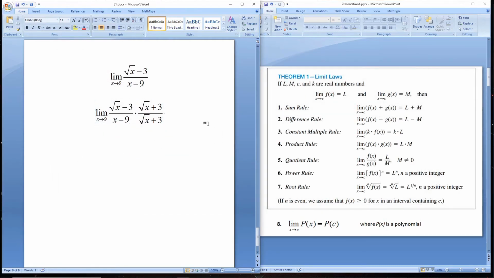And so that's what we're going to do here, multiply by the conjugate. And I just want to quickly say that if you ever see a square root in your homework problem, you should automatically think conjugate. For your homework problems, the only way you're going to get out of a square root is the conjugate.